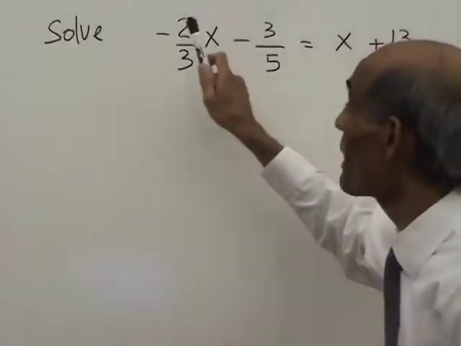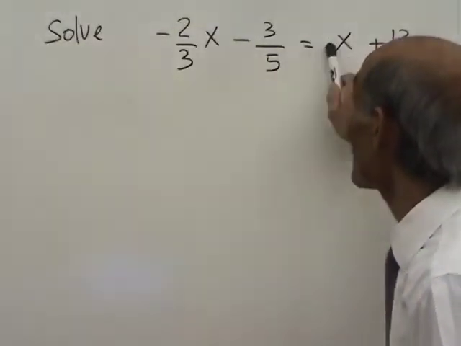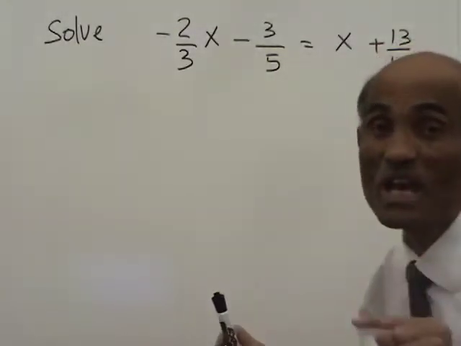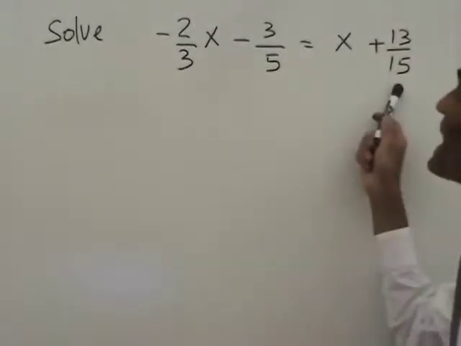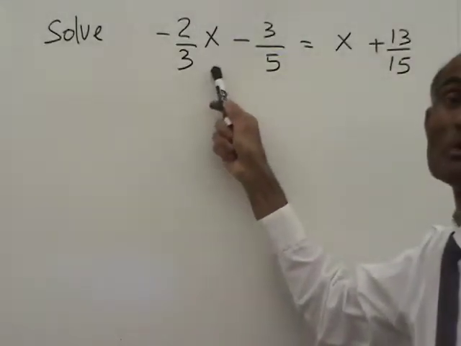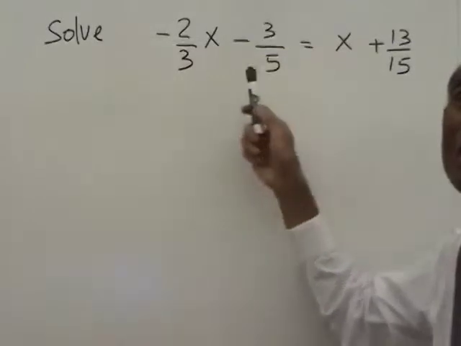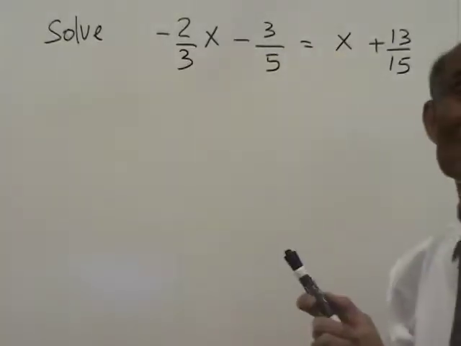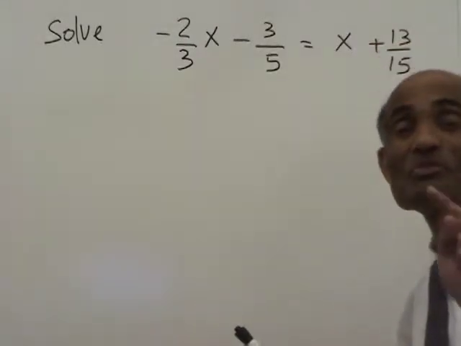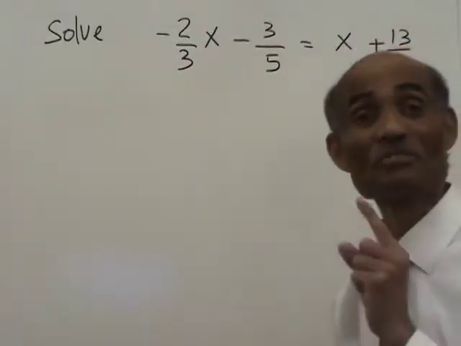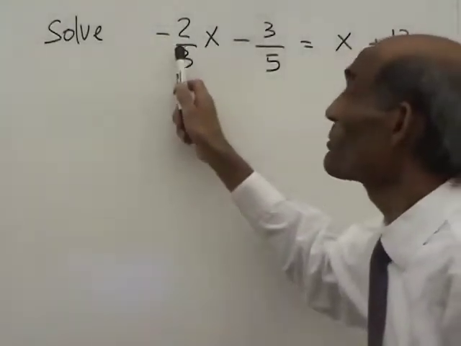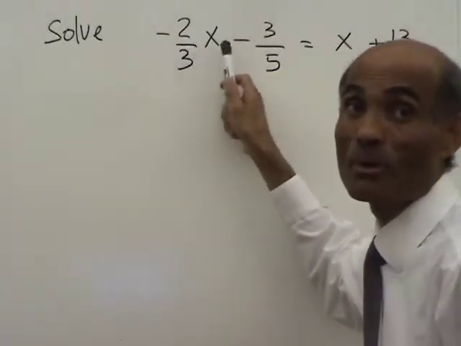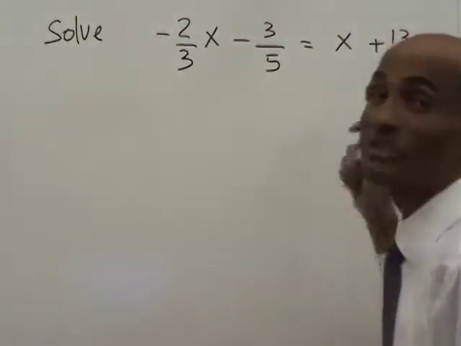You need to multiply every term of the equation by the same number. What is that number? That number will be the LCD of these three: 3, 15 and 15. What is the LCD of those three numbers? It is 15. So we multiply each term by 15.